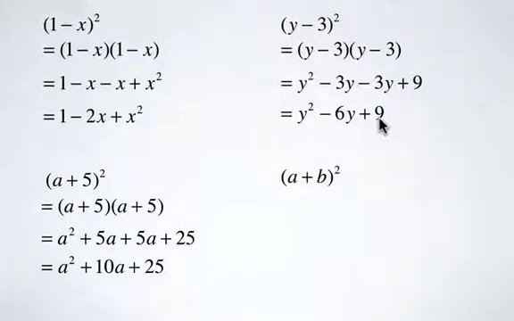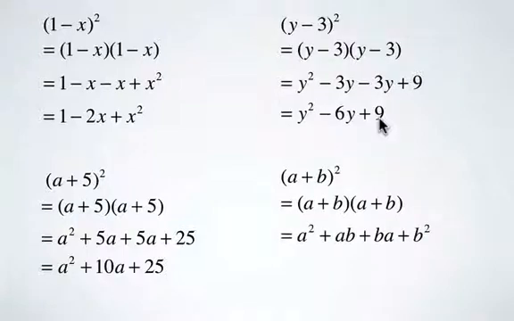A plus b squared. That's the same as saying a plus b times a plus b. This expands to a squared plus ab plus ba plus b squared, which is the same as saying a squared plus 2ab plus b squared.